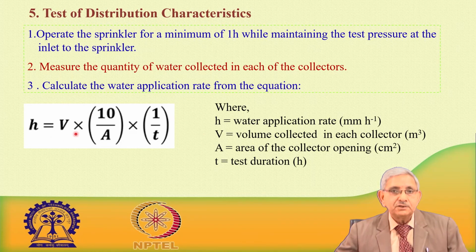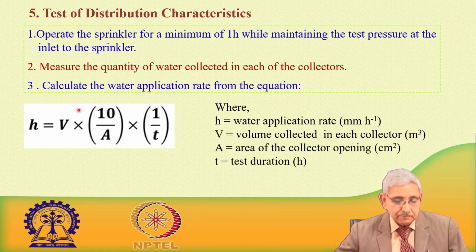So, H, the water application rate in millimeter per hour, is given by the volume of water collected multiplied by 10, divided by the area of the collector opening, that is the can opening area, and then multiplied by 1 by the test duration in hours.